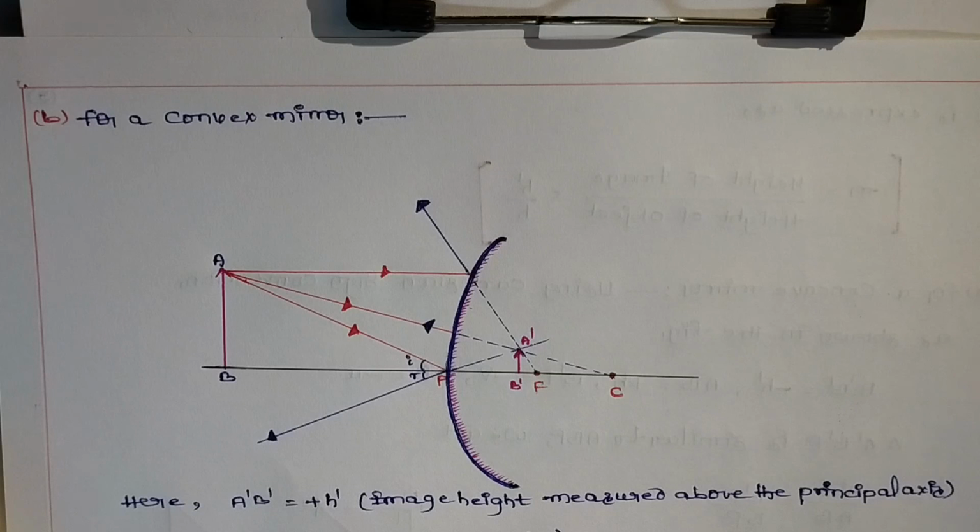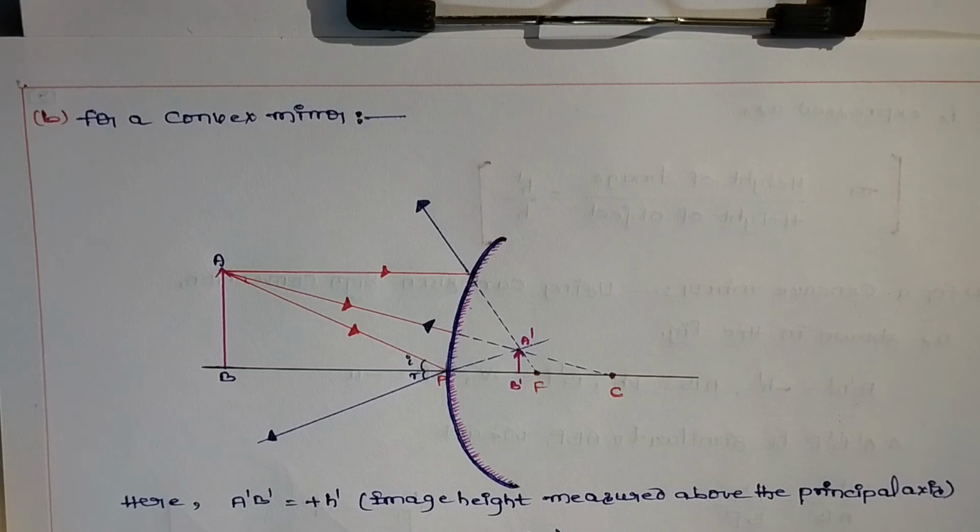Then if the magnification value is -2, the negative sign shows that the image is real and inverted.